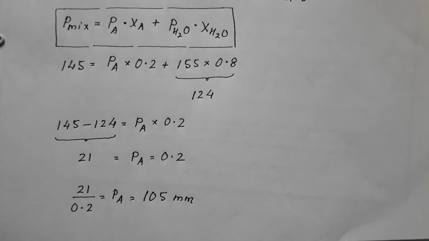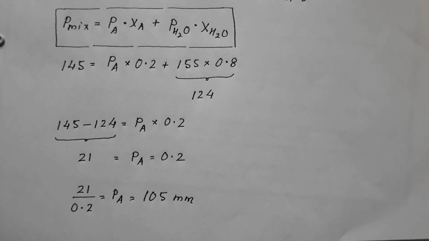So what we have done in this question: we were given that the solution is 64% by mass. We calculated the weight of water. Then we converted both the weight of A and the weight of water into moles. Based on the moles, we calculated the total mole.